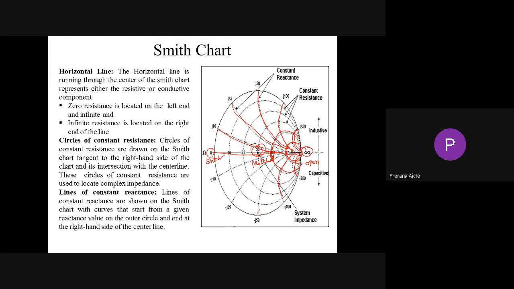These lines end at the origin. This is the Smith chart of capacitor component, inductive component, and resistive component.